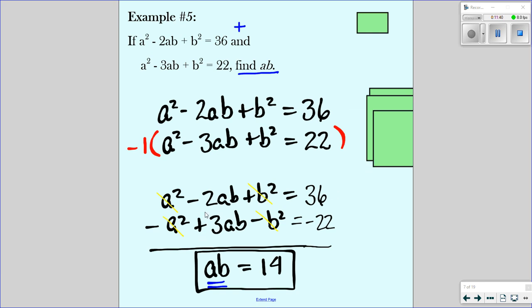So for AB, I got 1AB because -2 plus 3 gives me 1AB, and 36 minus 22 gives me 14. And that's it. I solved for AB. That's what they wanted me to find, and I found it to be 14. So again, going back to your last unit when you were dealing with systems, you're just applying that and using it with polynomials to find missing variable or variables.